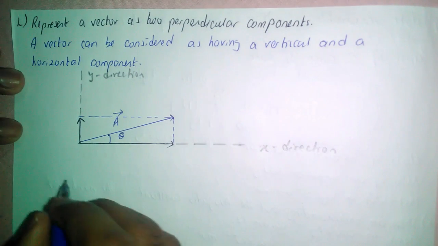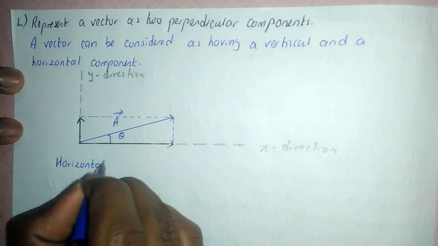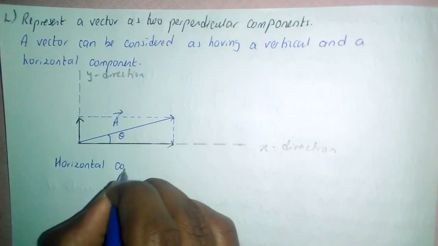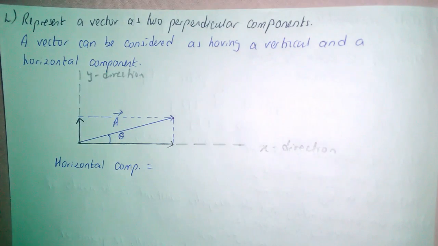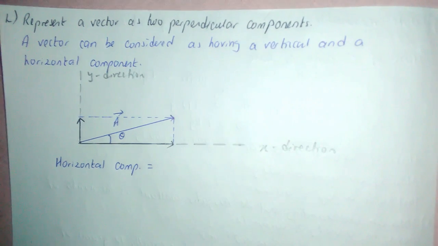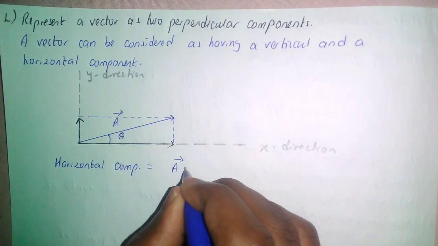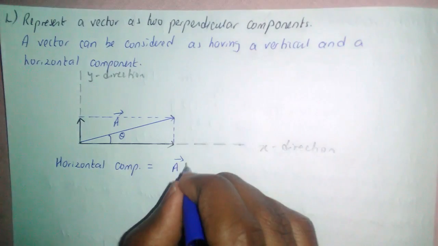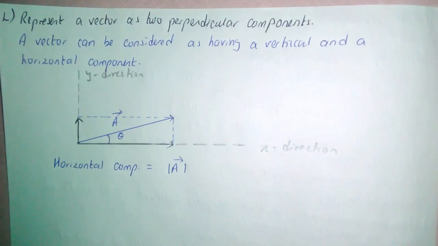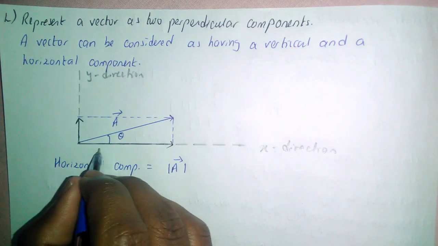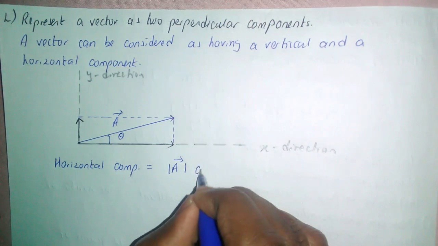Now to calculate the horizontal component, we just have to apply trigonometric ratios. So we'll take the magnitude of vector A, and by applying trigonometry we'll see that eventually the length representing this vector is going to be cos theta.